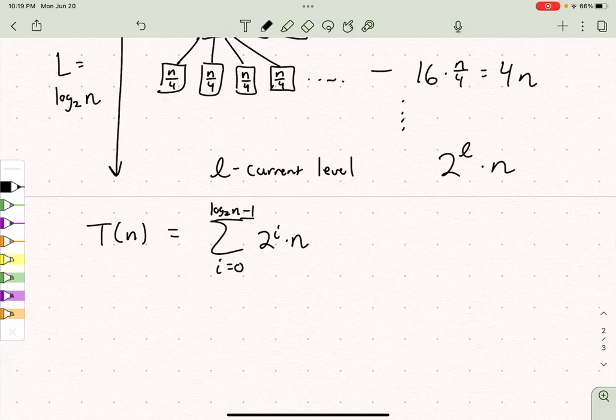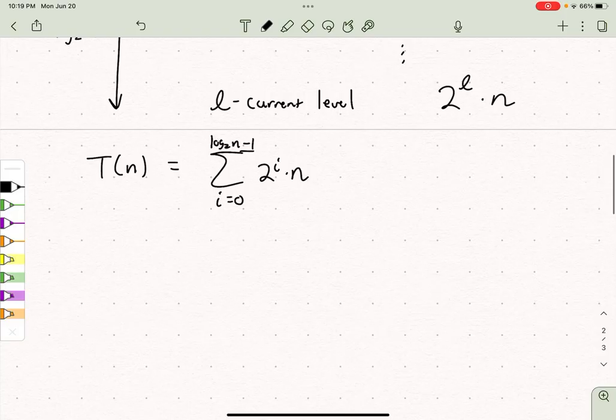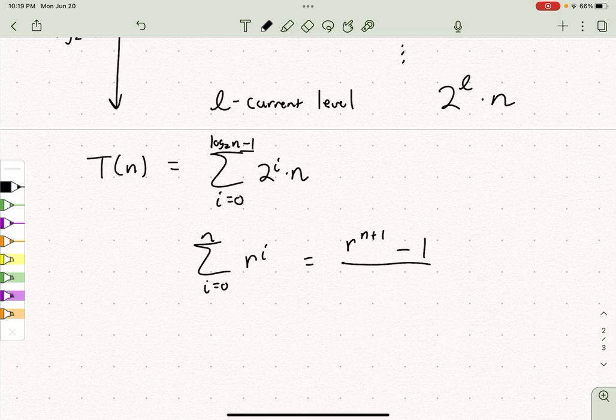And we can use a formula for geometric series. The formula says the sum from i equals 0 to n of r to the i is r to the n plus 1 minus 1, divided by r minus 1.